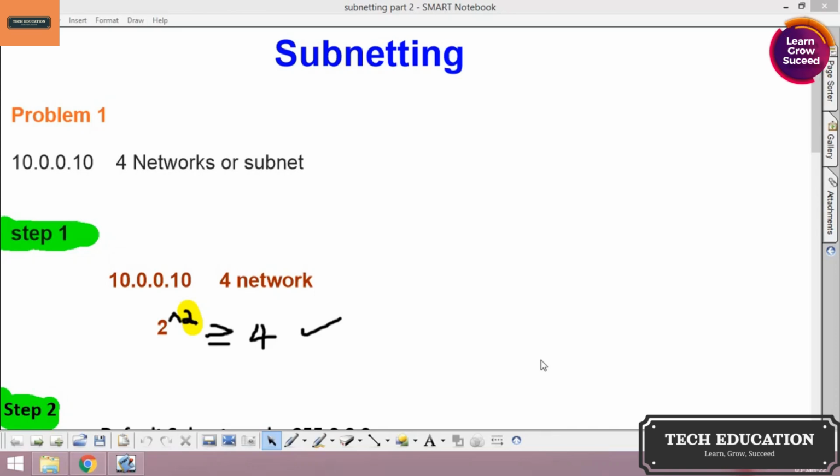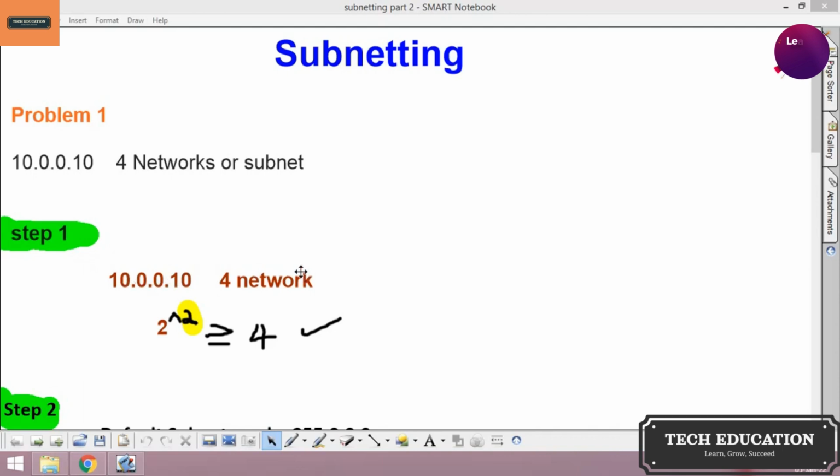So let's go and solve it. I already solved this problem, so I will explain now. Step 1: find the increment value.